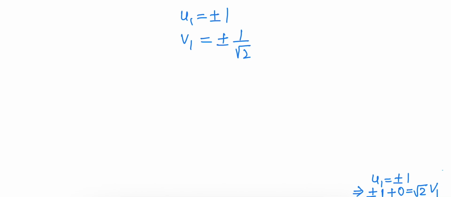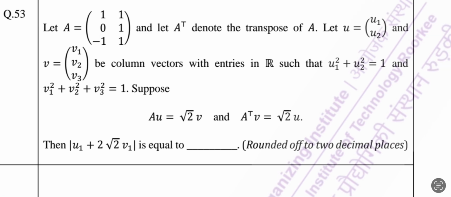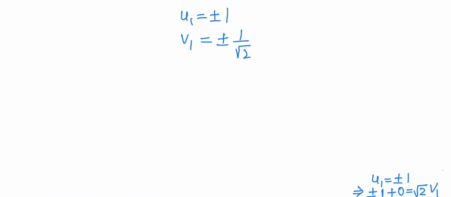And now let us see what is to find. Okay, so we have to find this one, mod of u1 plus 2 root 2 v1.